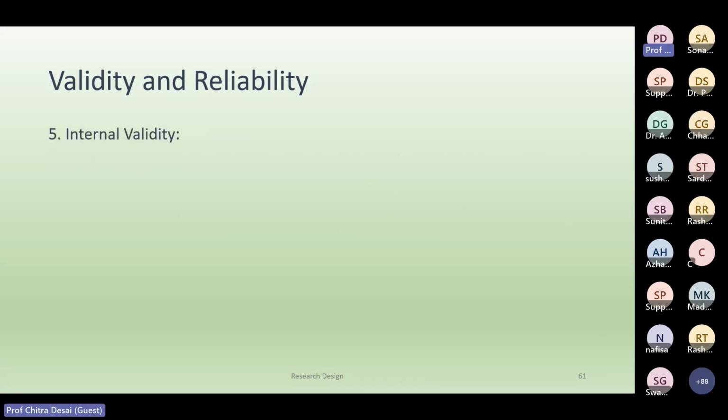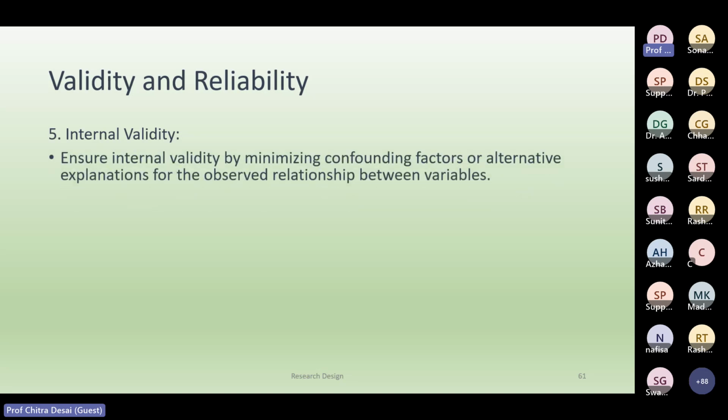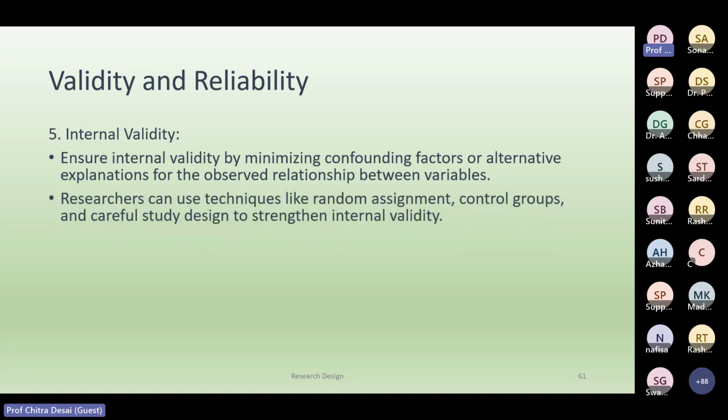Then the third one: at one of the slides, when we started with the experimental research design, I came across the word internal validity, where I said we'll see further what we mean by internal validity. It is basically ensuring the validity by minimizing the confounding factors or alternative explanations for the observed relationship between the variables.